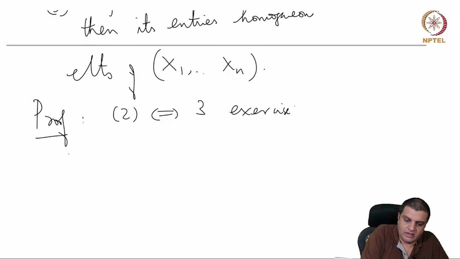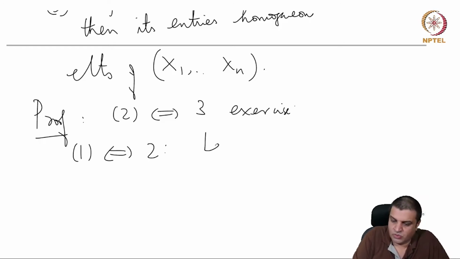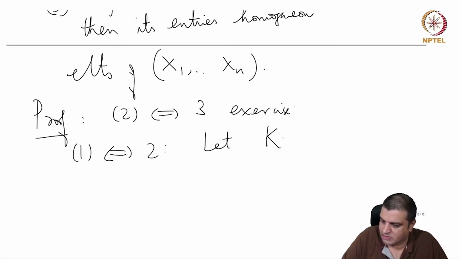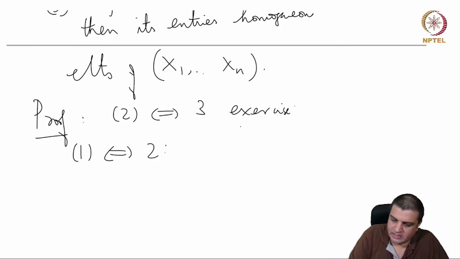And so 1 if and only if 2. Let's label this map also. So let's just rewrite the map.